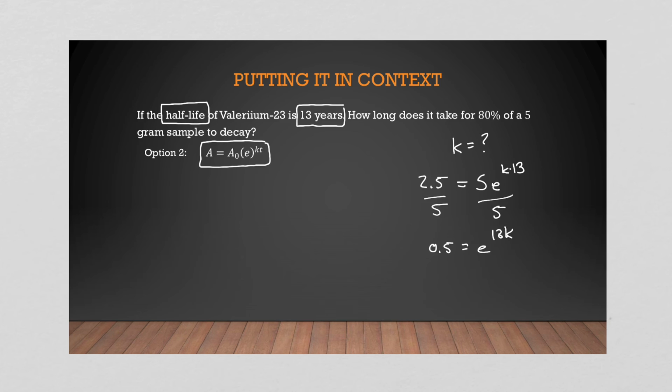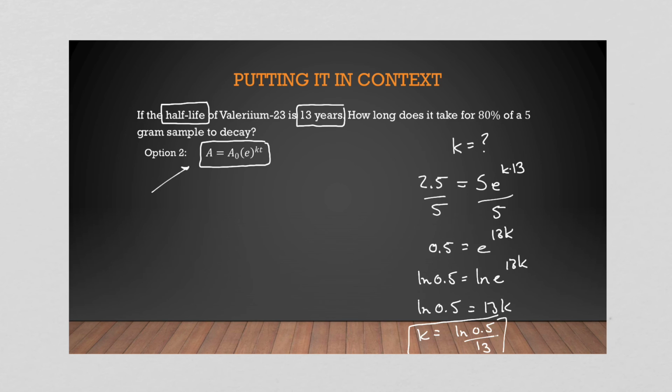Now just take the natural logarithm of both sides, because remember that when you take the natural log and you have e as your object, they're going to cancel out. So you get the natural log of 0.5 equals 13k. So k equals natural log of 0.5 divided by 13. Now you could solve that as a decimal, but you can also hold on to it as a number and plug it all into your growth decay equation now, because now we have k, now we're good to go.